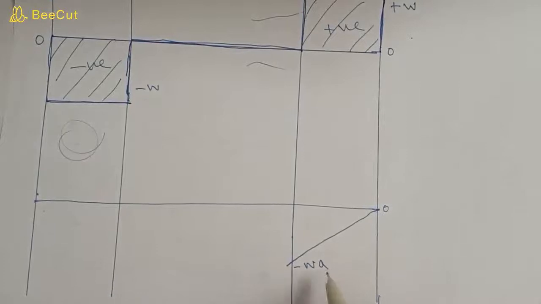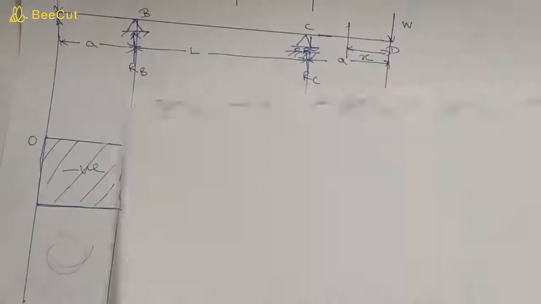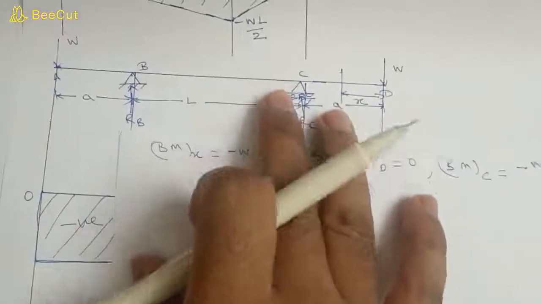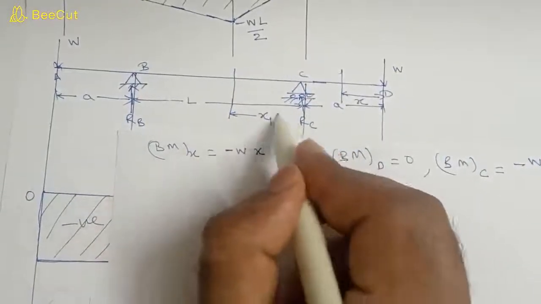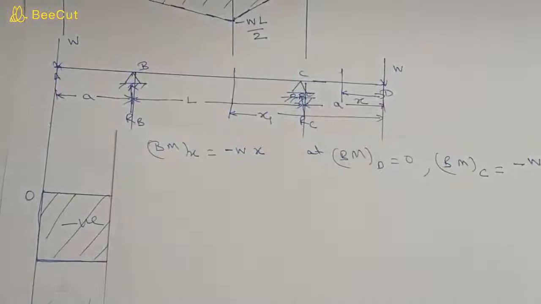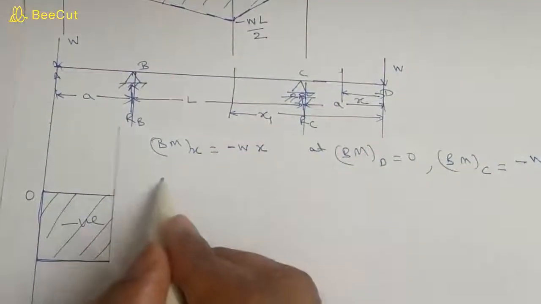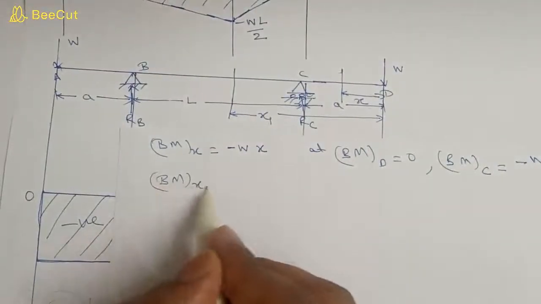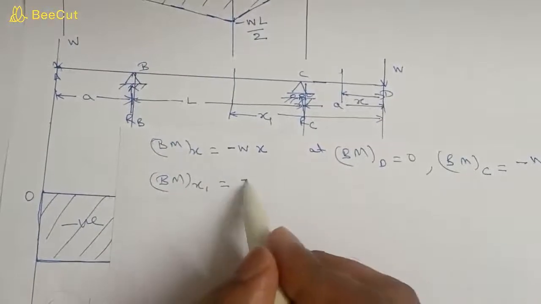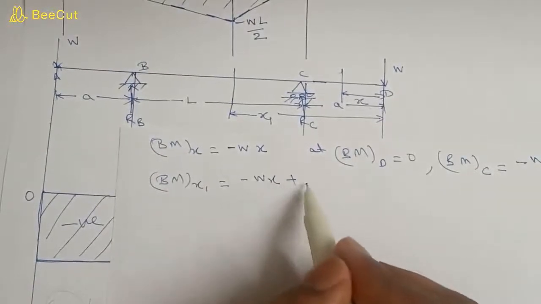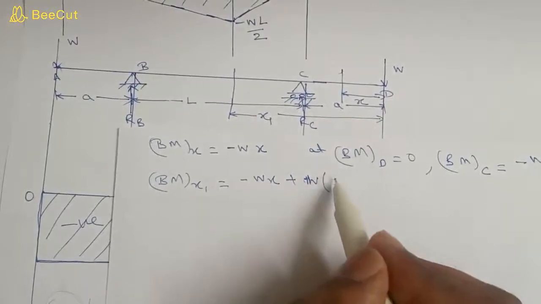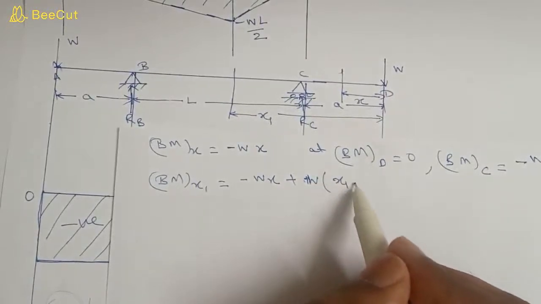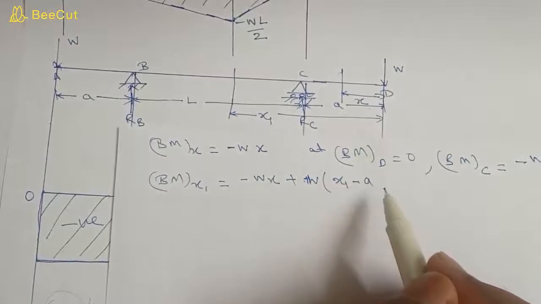So from here to here it will be like this, minus Wa. Now if we select a section here, this is x1, so we will calculate bending moment at x1, which is equal to minus Wx plus RC, which is W into x1 minus a.